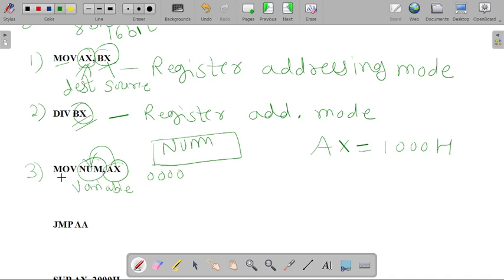Whenever we write MOV NUM, AX, the contents 1000H will be loaded into the particular memory location specified by the NUM variable. Suppose the memory location of NUM is 0000. For that location, our AX value will be loaded. So this is called direct addressing mode.